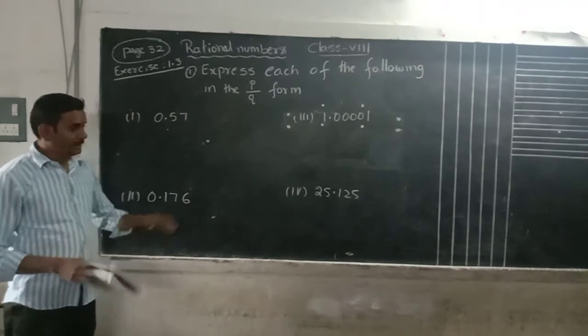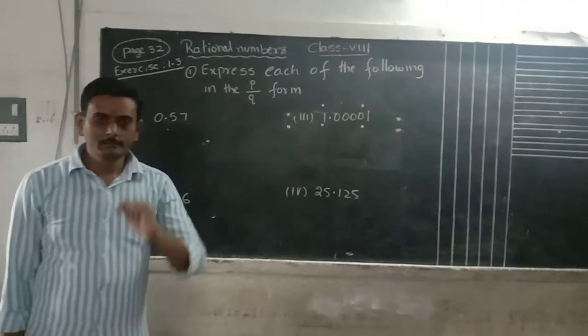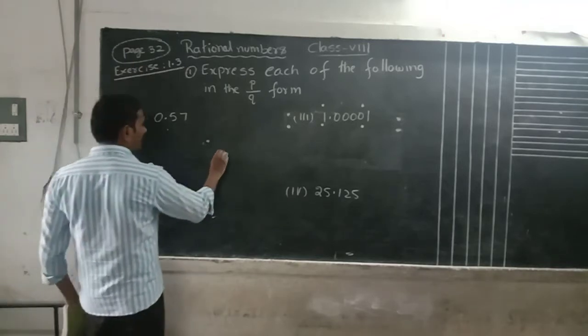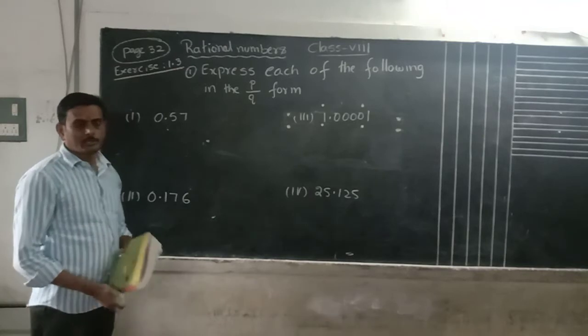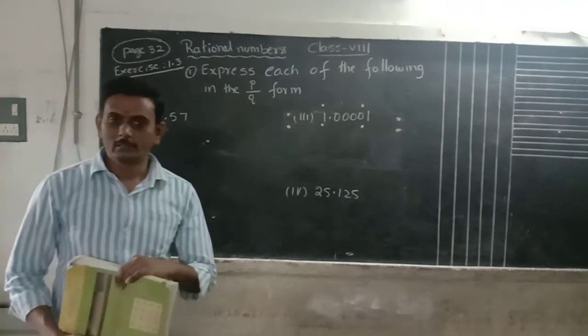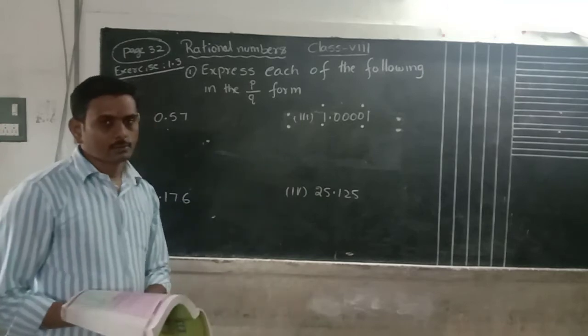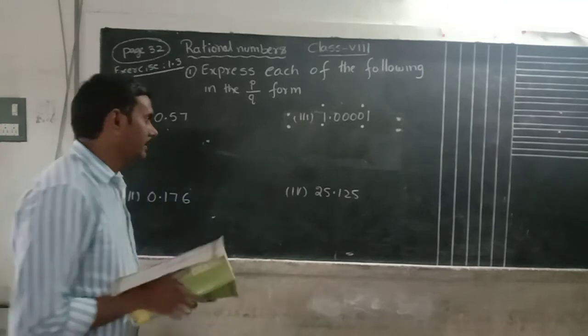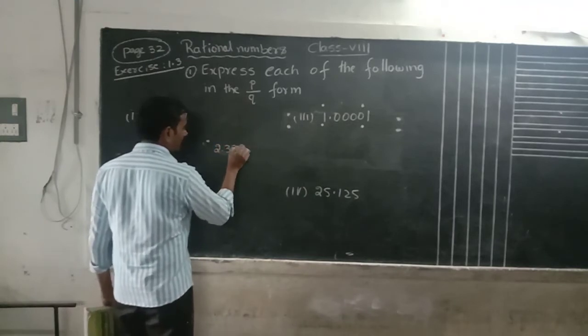If you observe these 4 sums, is there any number having a vinculum, a bar symbol? No. Whenever a bar symbol is not there, or whenever 'and so on' is not there, that is called a terminating decimal. 'And so on' means like this, 2.333 and so on.